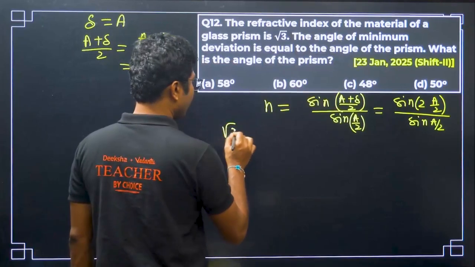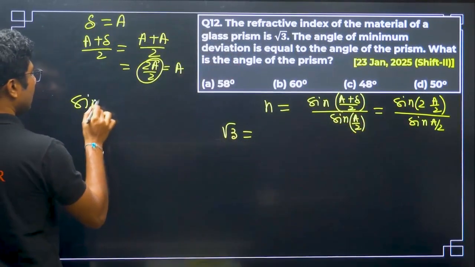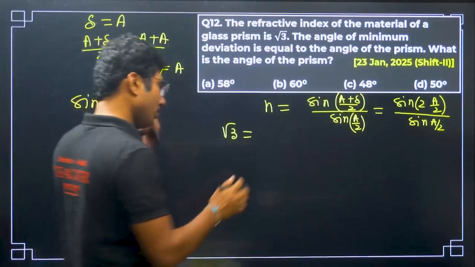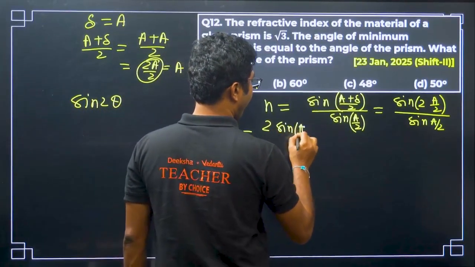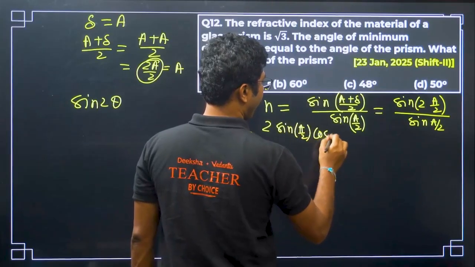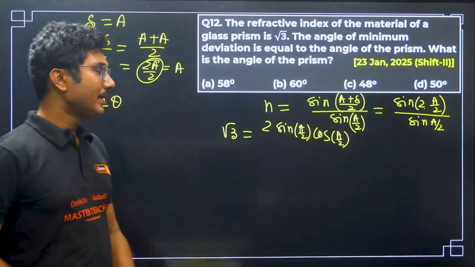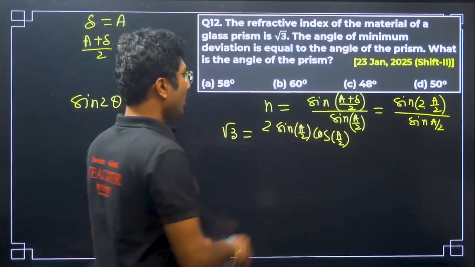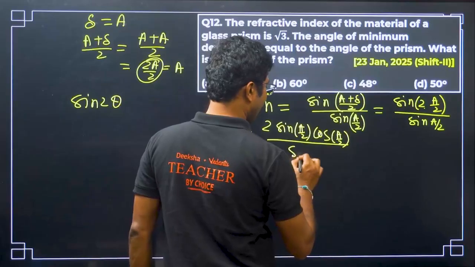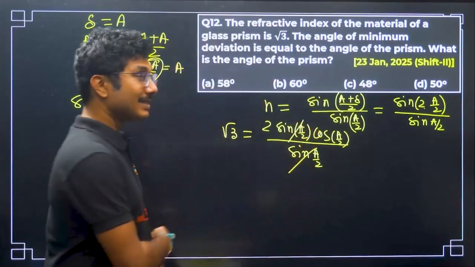So, √3 equals to, now sin 2 theta formula, 2 into sin theta into cos theta. Now, you know why I kept this 2 outside. So, for that you can apply the 2 theta formula, theta is A by 2, and one sin will be cancelled, that is the main reason, right. Sin A by 2 cancelled. Okay.